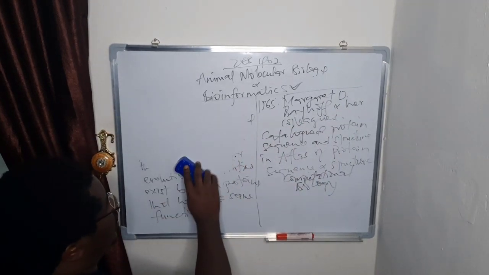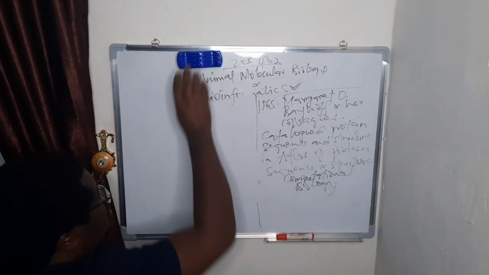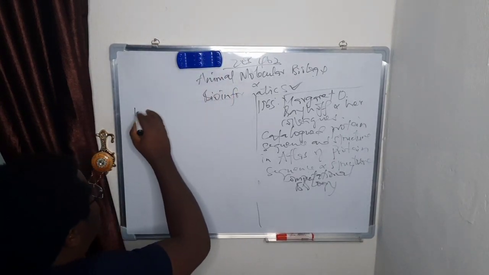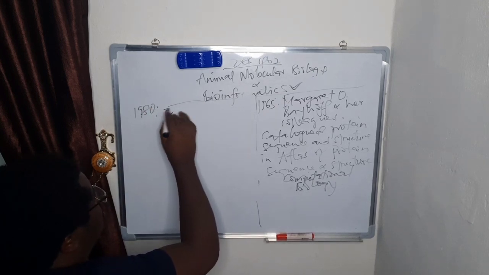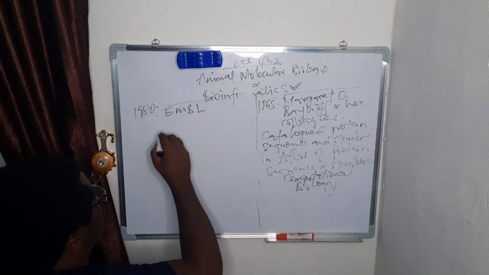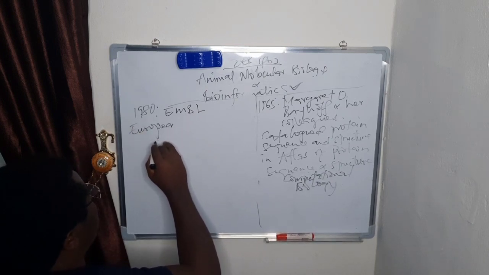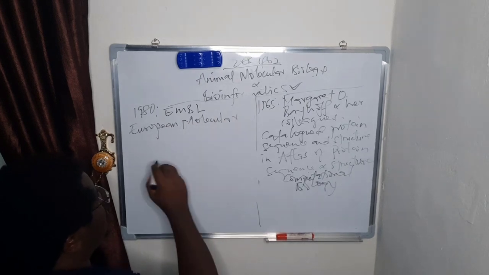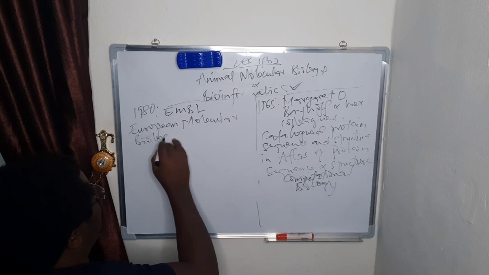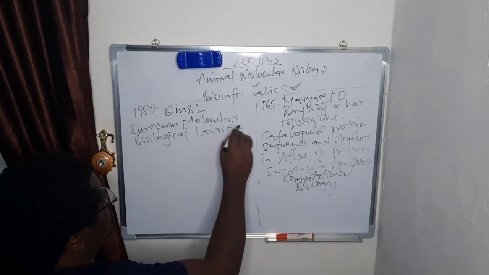So that was 1965, and the next one was in 1980: the EMBL, the European Molecular Biological Laboratory.